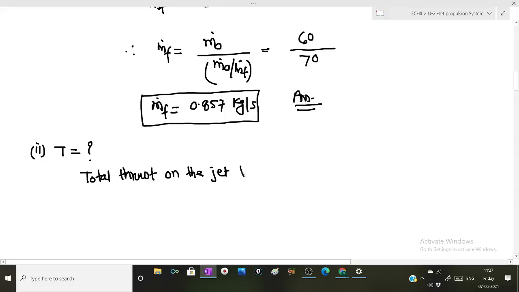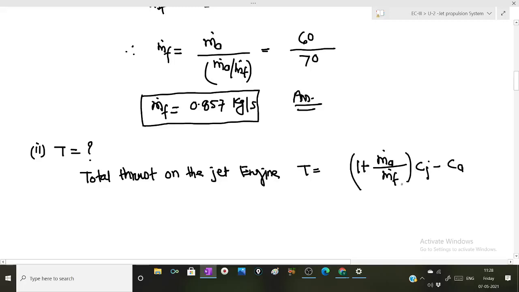So, the total thrust on the jet engine considering the air fuel ratio, its formula is 1 plus m dot A over m dot F, times Cj minus Ca.